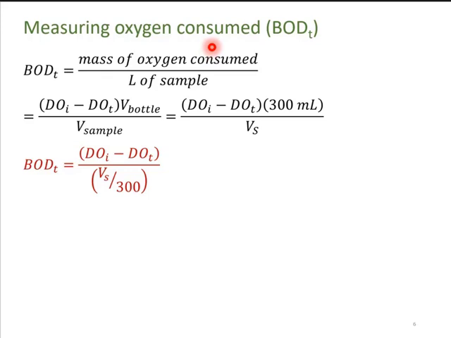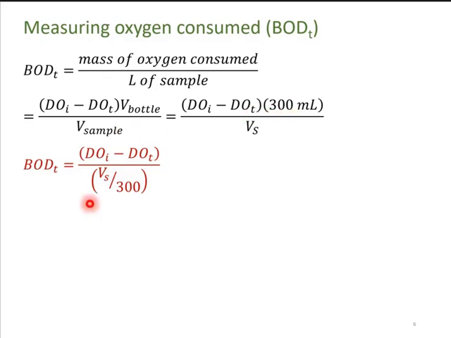To measure this, we'll define BOD as the mass of oxygen consumed per liter of sample. The mass is going to be the change in concentration times the volume of the bottle. Here's the volume of the sample. Bottles are a standard 300 milliliters.